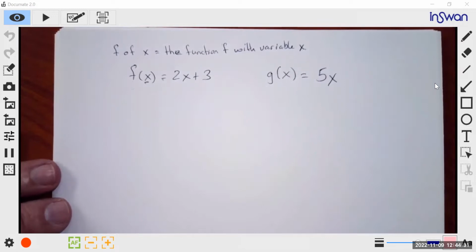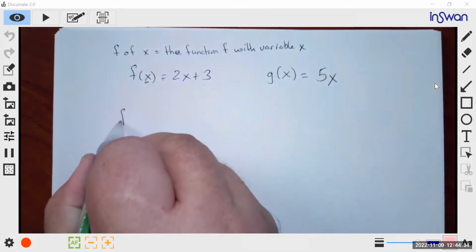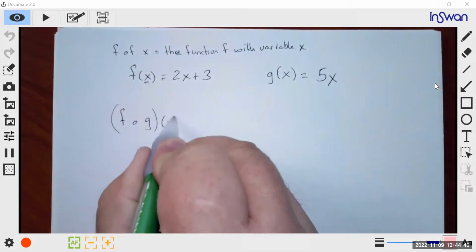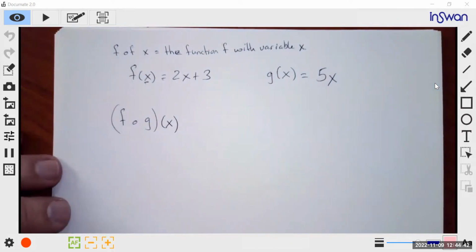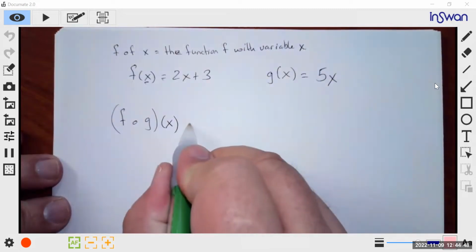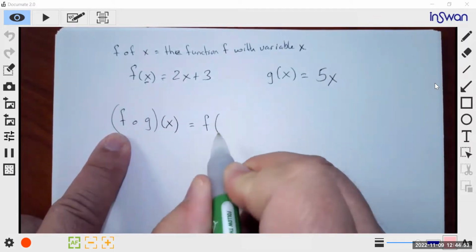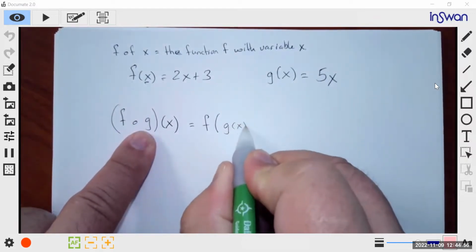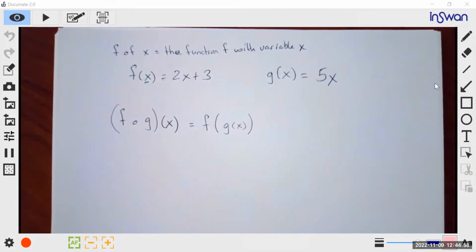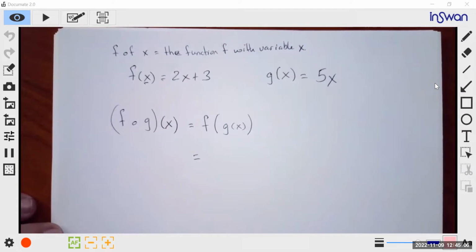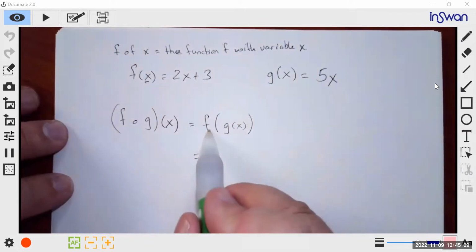So far, so good. So if I said find me fog, F-O-G, what that means is the outer function and then the inner function. So what is the outer function?